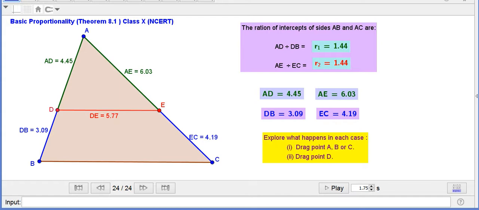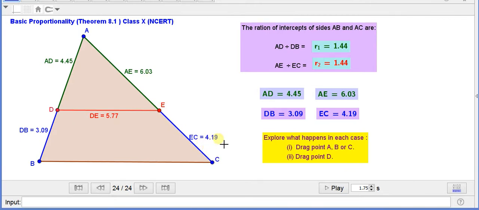Now you see here this DE is parallel to BC. Here the value of AD is 4.45 and DB is 3.09. Similarly, AE is equal to 6.03 and EC is equal to 4.19.